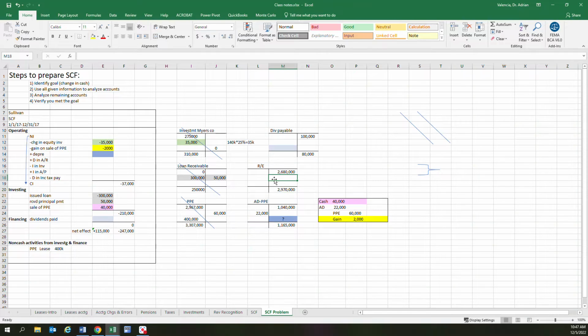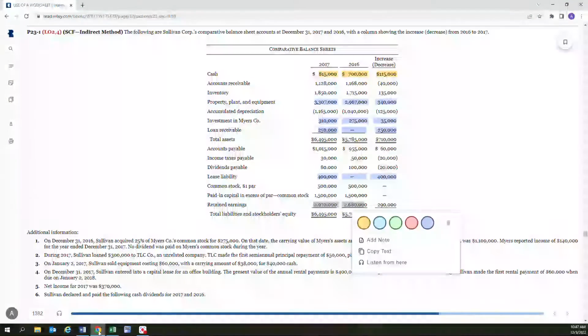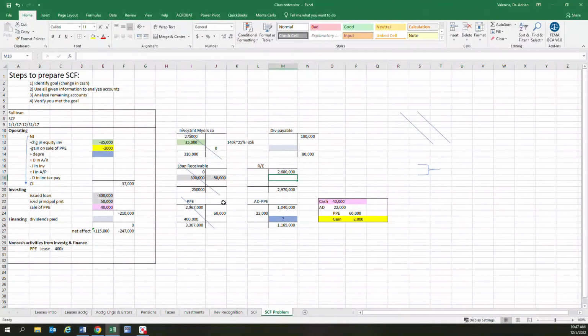All right, so they told us that income was $370,000. So when you close the books, you credit retained earnings for the net effect. Okay, so you have 370, you close your revenues, you close your expenses, and the net effect is what comes in here.